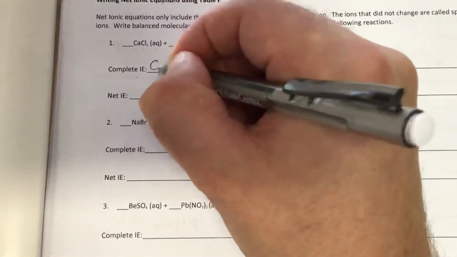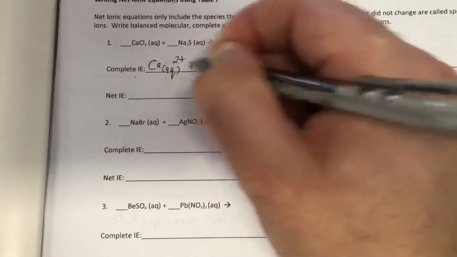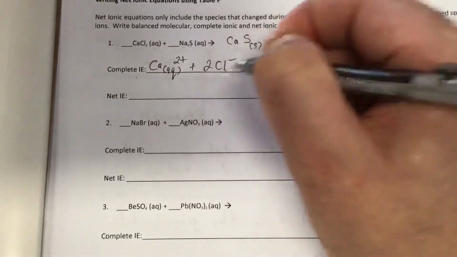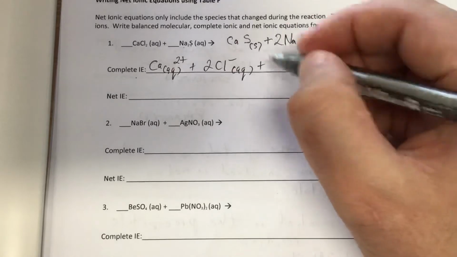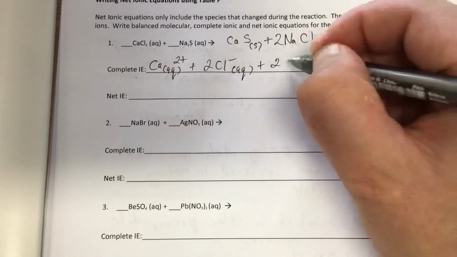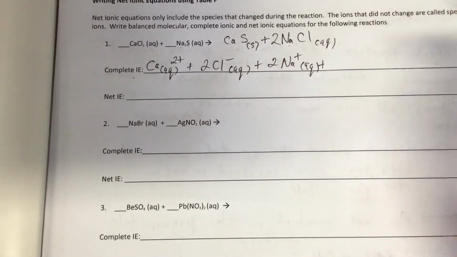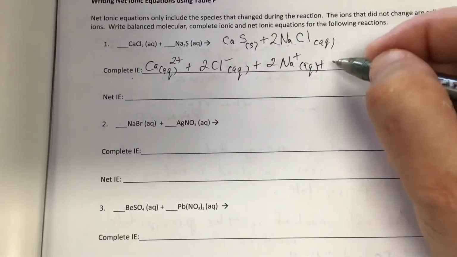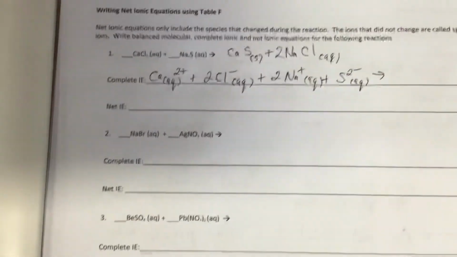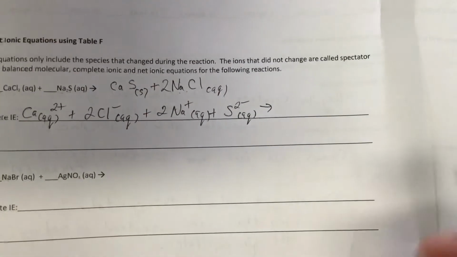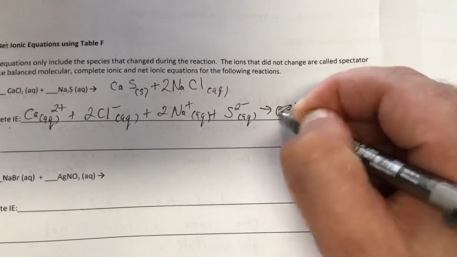Okay, so calcium Ca aqueous 2 plus, plus 2 chlorine minus aqueous, plus 2 Na plus aqueous, plus S2 minus aqueous makes Ca2, no, my mistake.